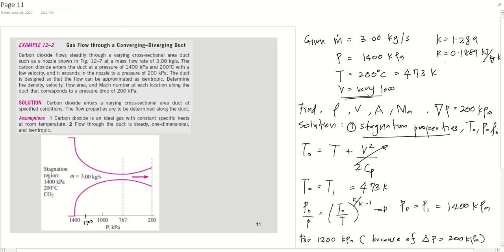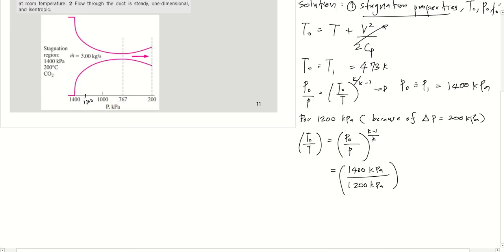And then the specific heat at constant pressure is 0.846 kilojoule per kilogram Kelvin. Now K minus 1 divided by K is 1.289 minus 1 divided by 1.289.